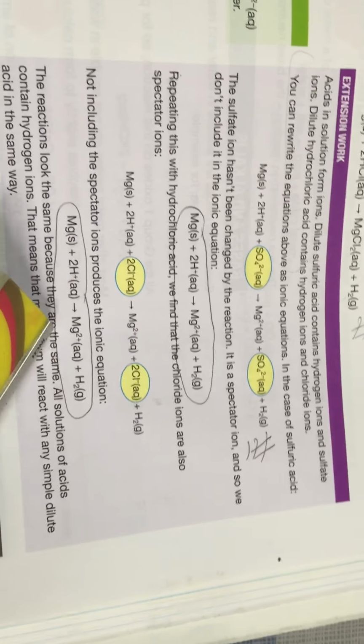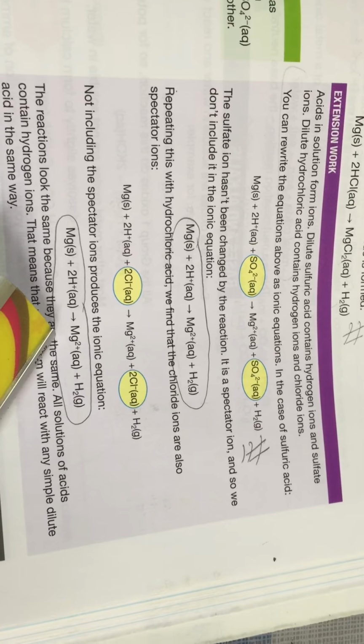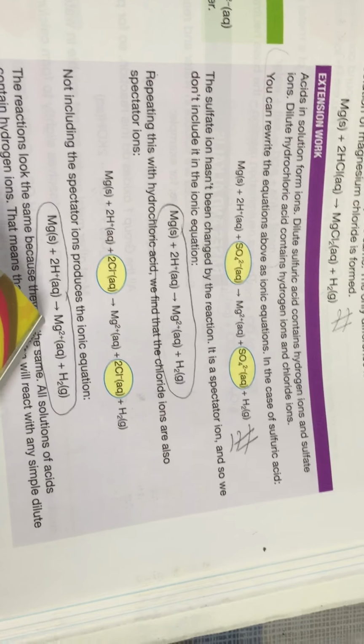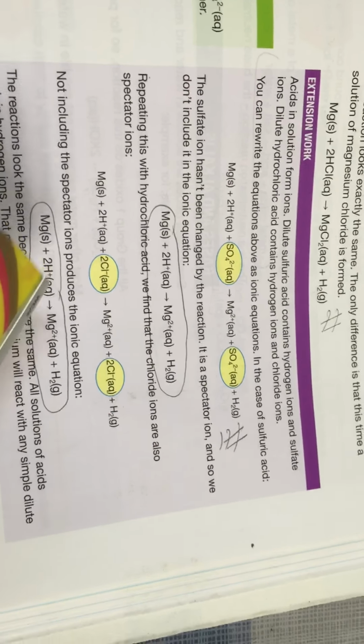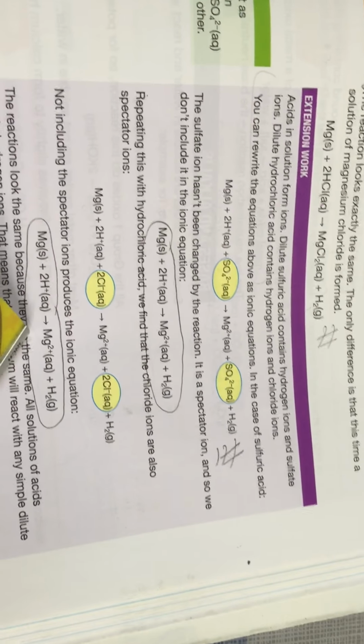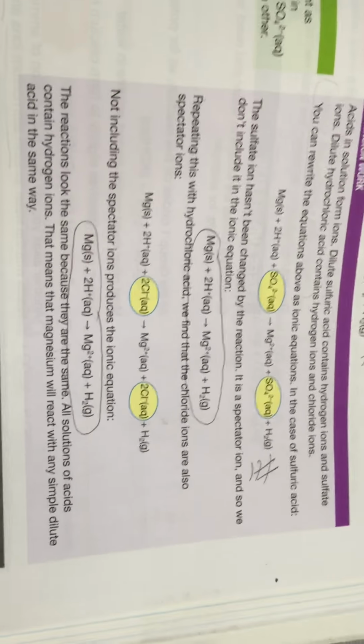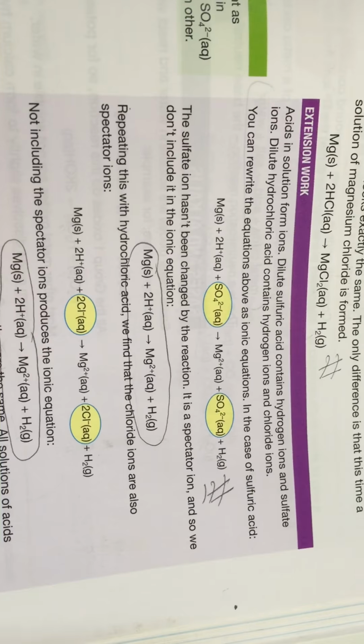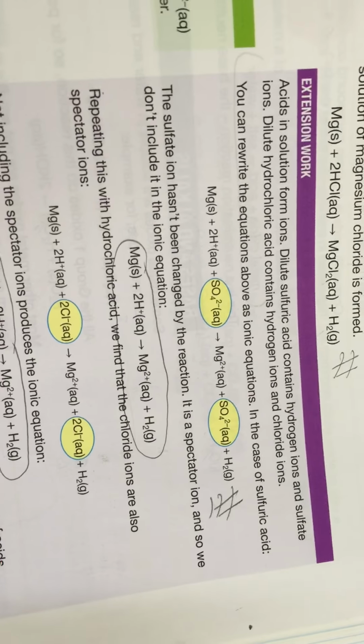As you see, it is the same equation. I circled them for you to know that the reaction between the metal and the acid will be the same. It's actually a displacement reaction between the metal and the hydrogen. The metal takes the place of the hydrogen of an acid.